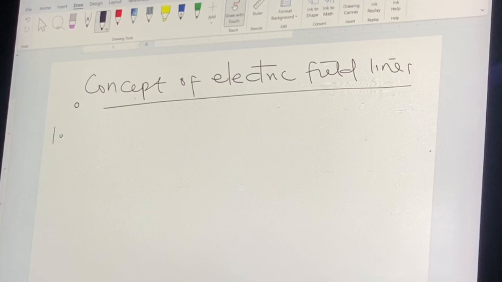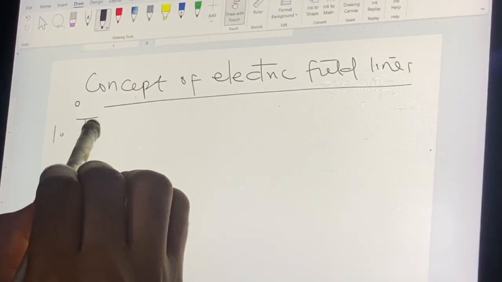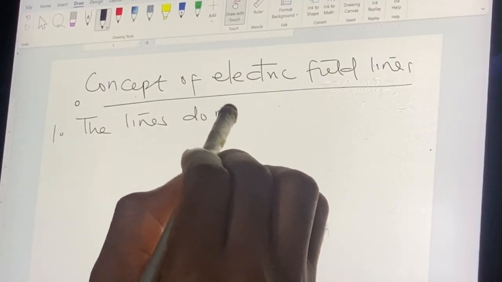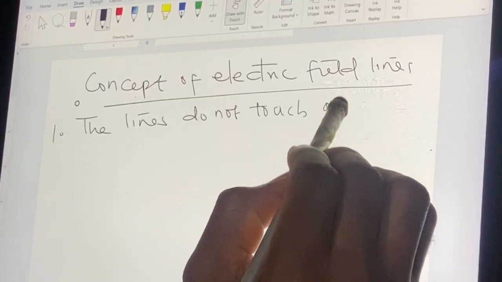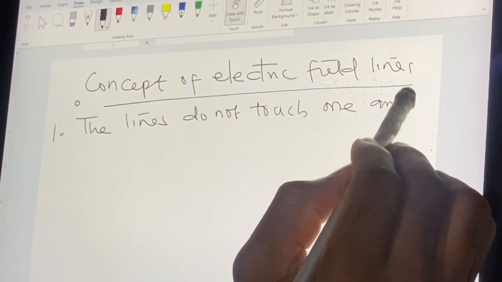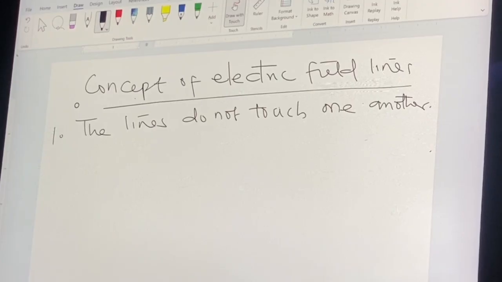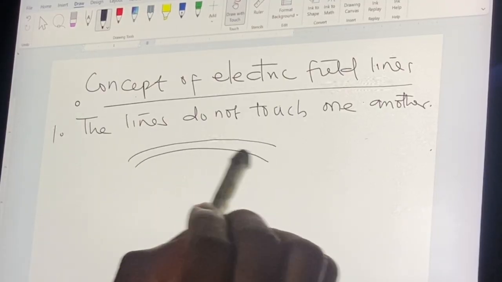The lines do not touch one another. So it means that the lines of electric field are parallel. Please take note.